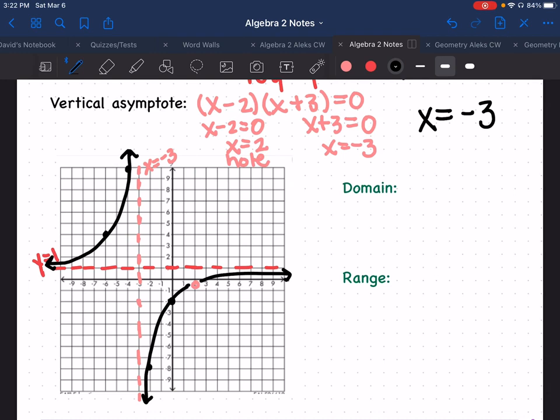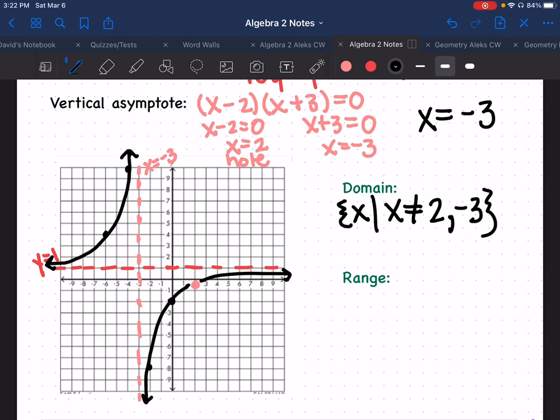Now, if I were to talk about my range, I'm actually going to go ahead and use set builder notation, because you guys are not going to have to do domain and range on this graph. So for the domain it would be all the x's such that x is not equal to 2 where the hole is, comma, -3 where the asymptote is.